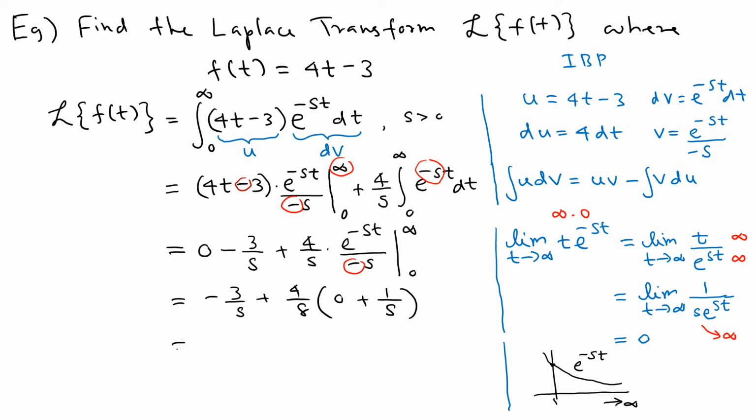So we multiply the two, and you're going to get 4 over s squared minus 3 over s, and we assume that s is positive. So that is the Laplace transform of the function 4t minus 3.